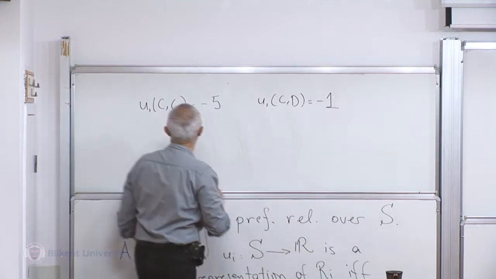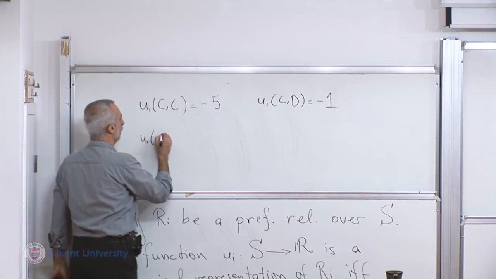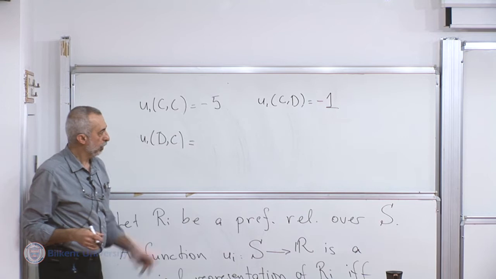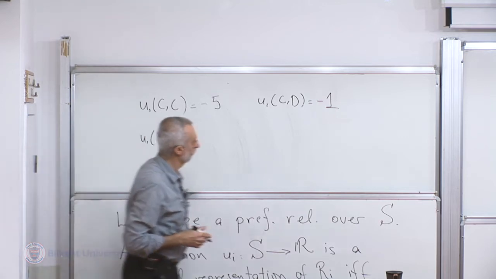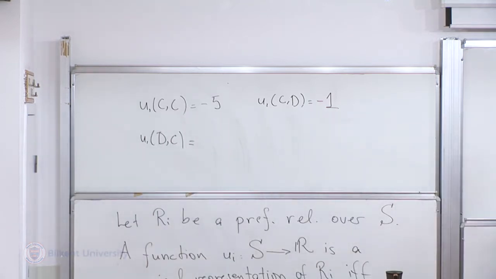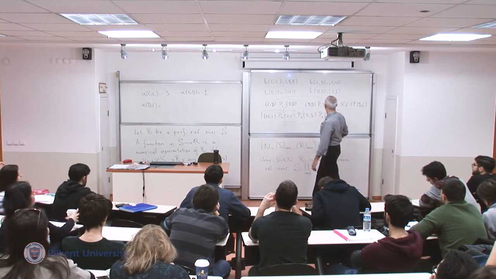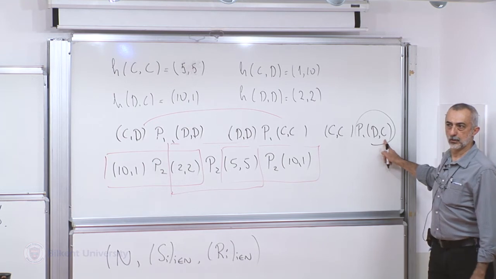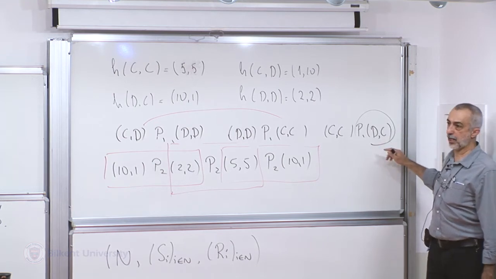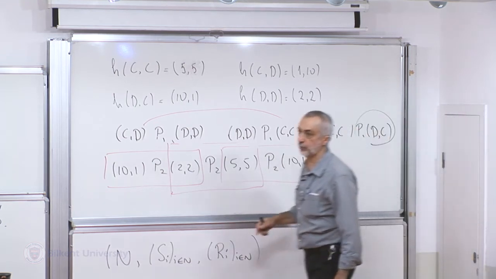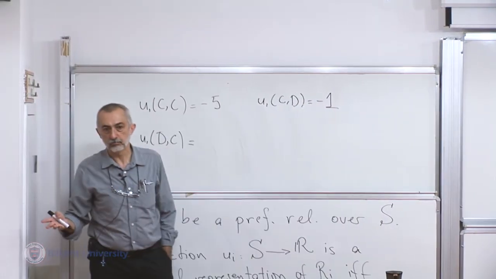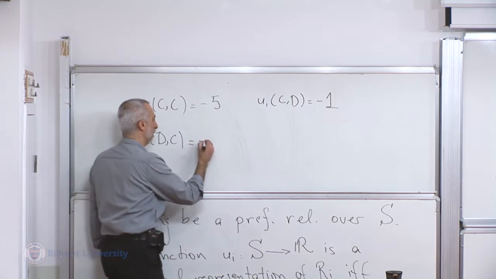Okay. And then U1 of DC. What do we know about DC? That's the worst. That induces the worst outcome. So I should assign a number which is smaller than minus 1, smaller than minus 5, minus 10.